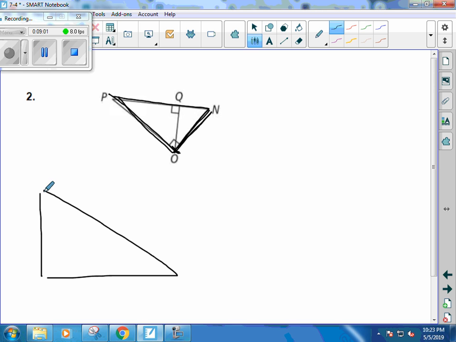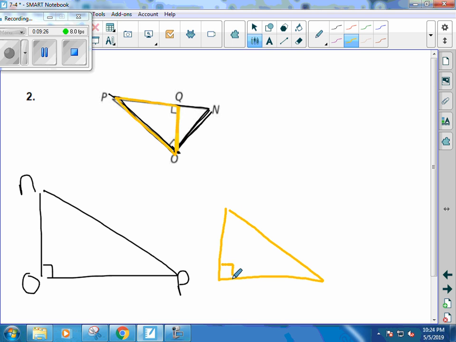So when I name this, I have N to O. O is my right angle, over to P. Now I'm going to look at the medium, the middle-sized triangle. The short leg runs here, through the longer leg, and then the hypotenuse. Q is my right angle. O puts me at the short, and then P.